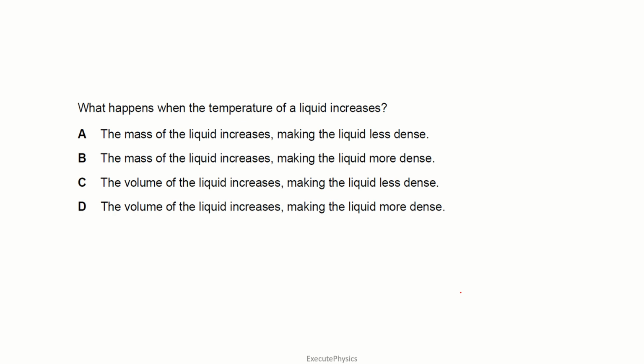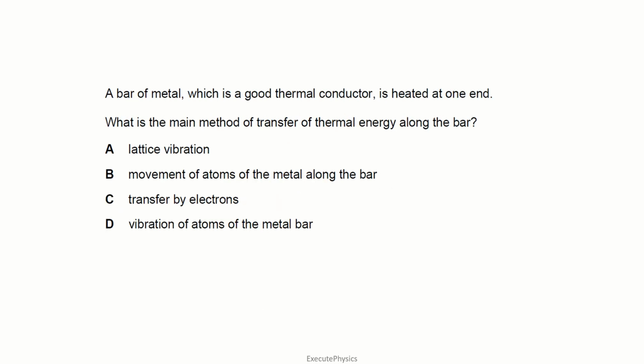As the volume increases, as the distance between them increases, the liquid becomes less dense. So the correct answer is option C. The volume of the liquid increases, making the liquid less dense. The particles move away from each other in the liquid.